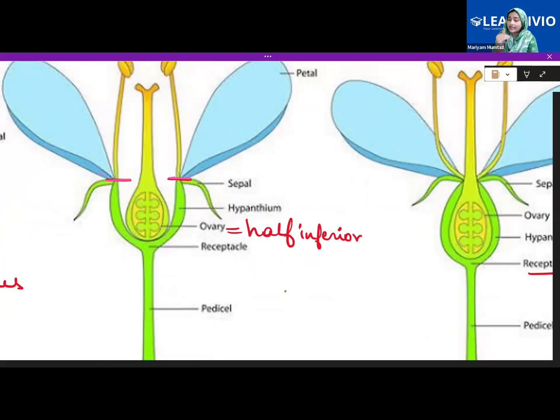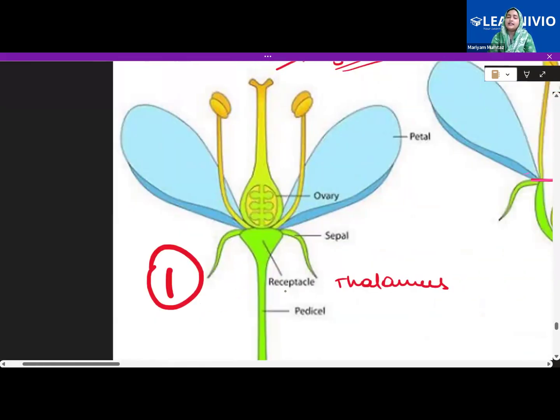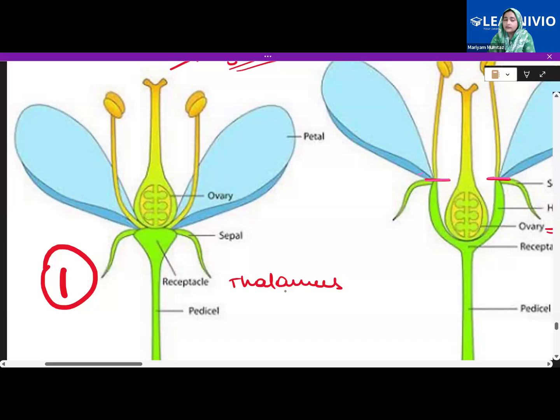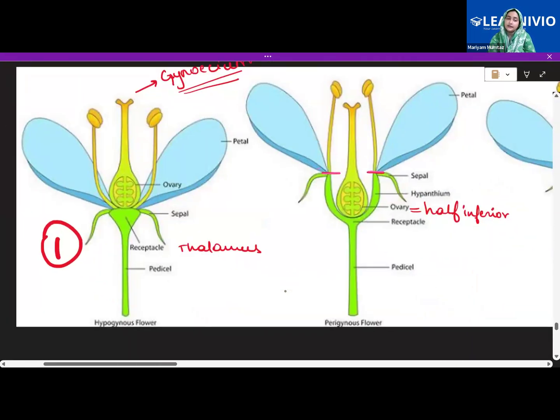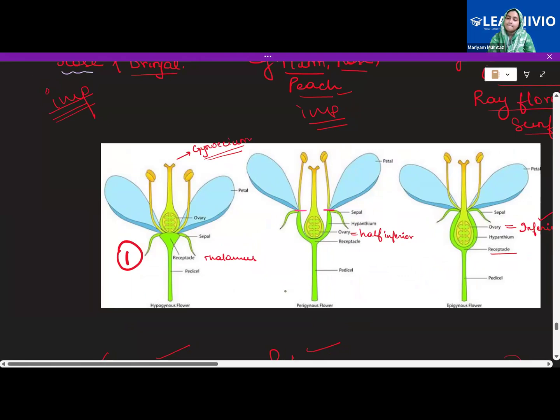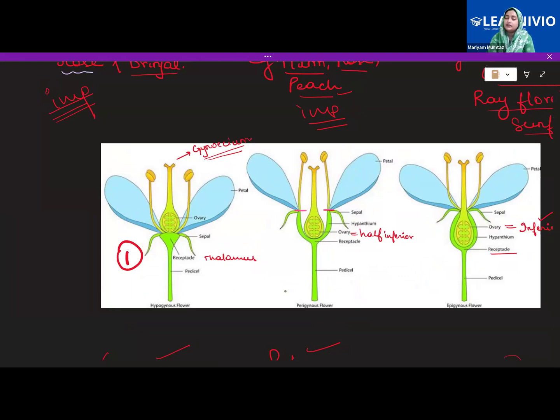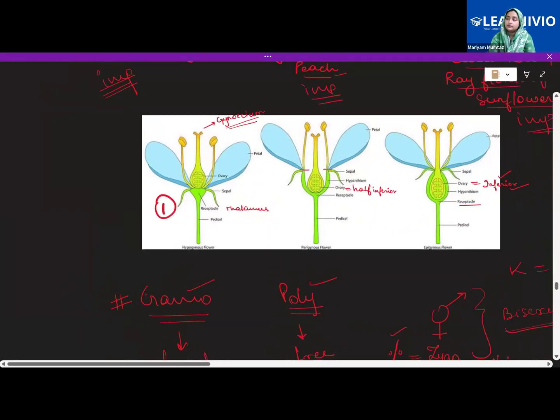It's not completely hidden, but it is half inferior. And then comes this one, wherein the ovary is at the highest position and the other parts of the flower are at the lower position. Is it clear, students? Yes, ma'am. Does anyone have any doubts in this part, the position part?